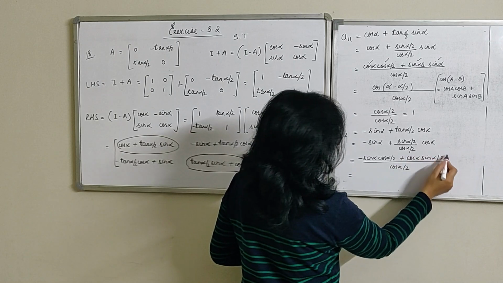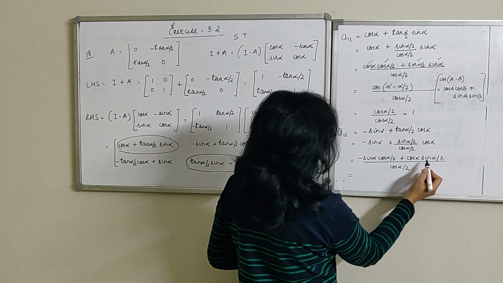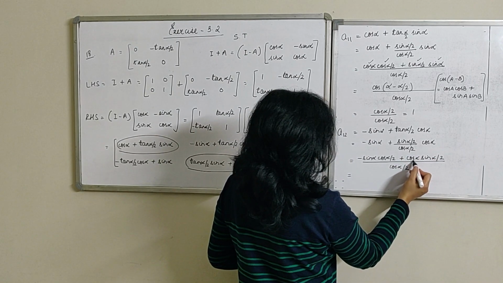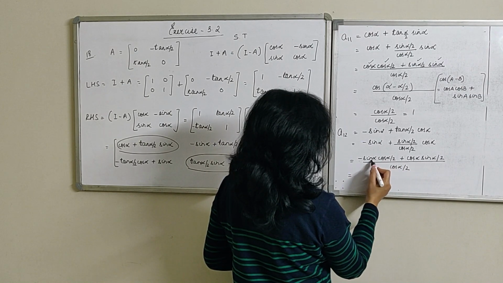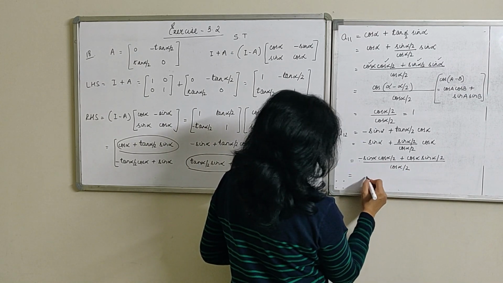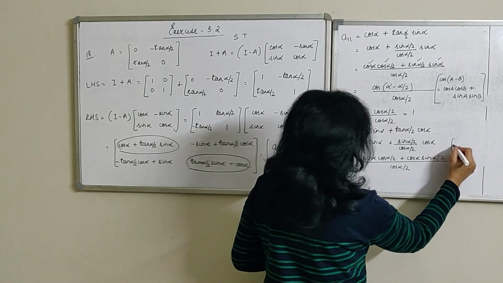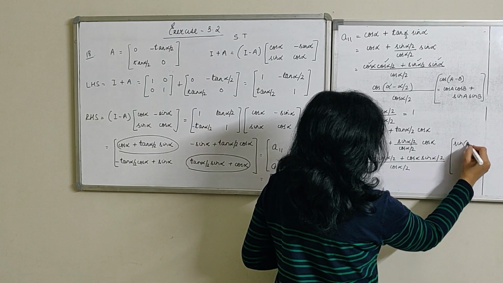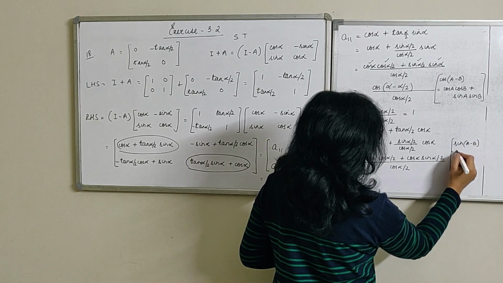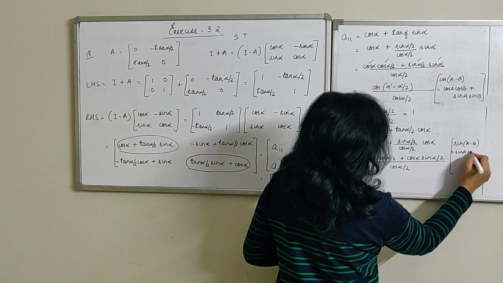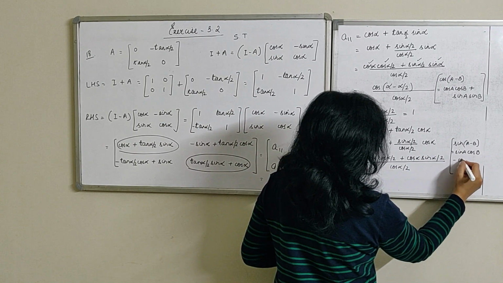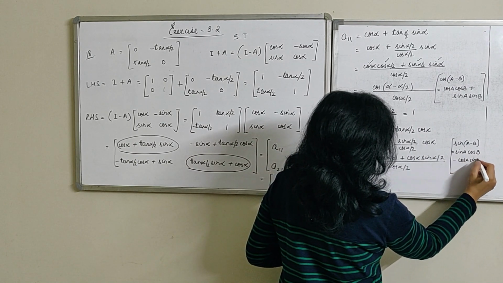So considering the positive term first, this is like sin A cos B minus cos A sin B. The identity that we are going to use here is sin A minus B, which is sin A cos B minus cos A sin B.